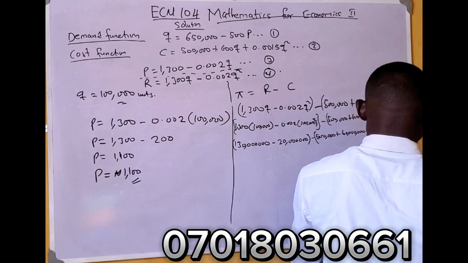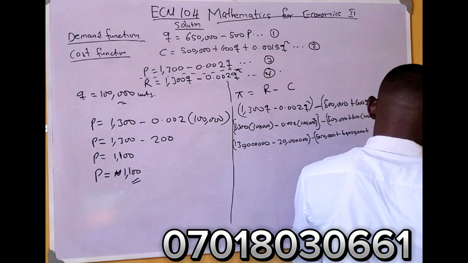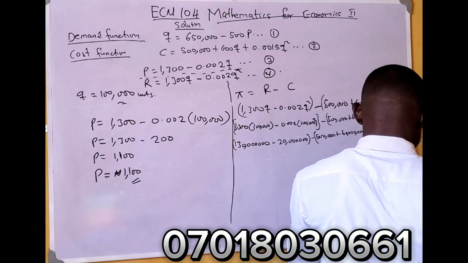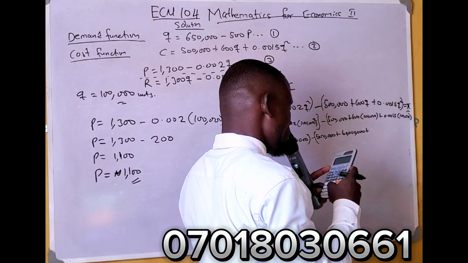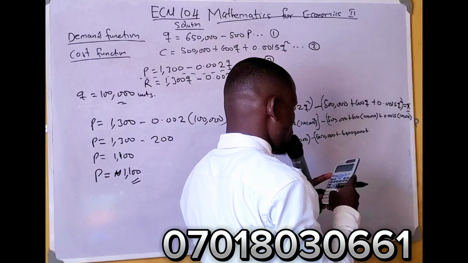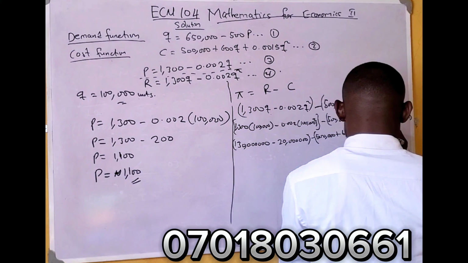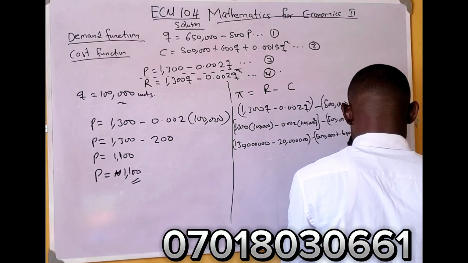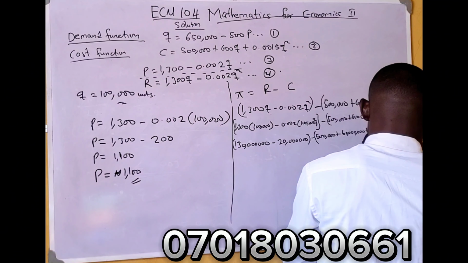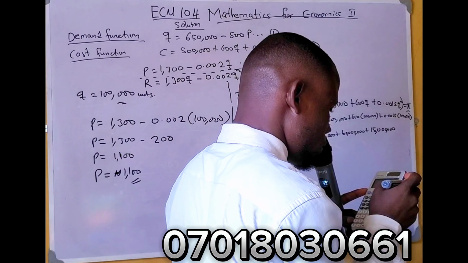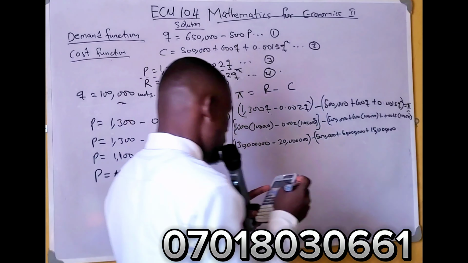So 0.0015 times 100,000 square. That gives us 15 million.